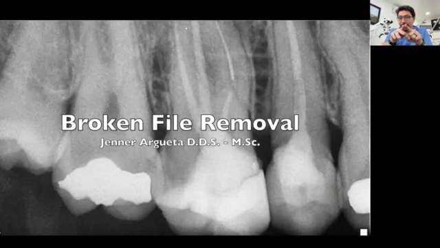And you will see as well that at some point I break the ultrasonic tip because I applied too much force. But you will see that when I take out the broken file, it immediately goes out of focus because I'm working in too high magnification.